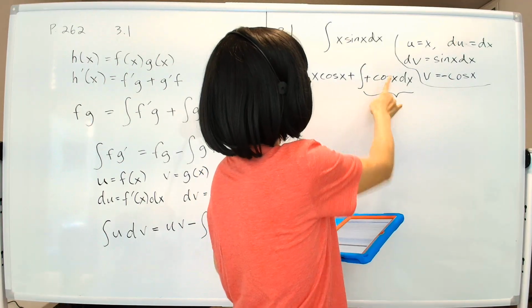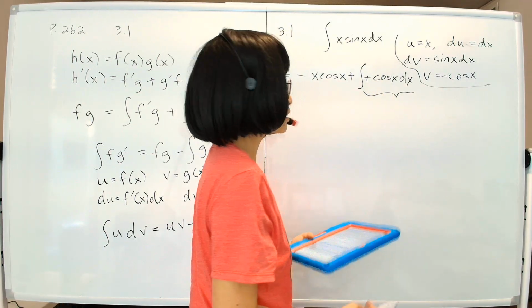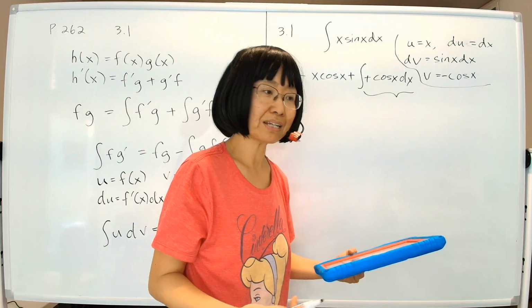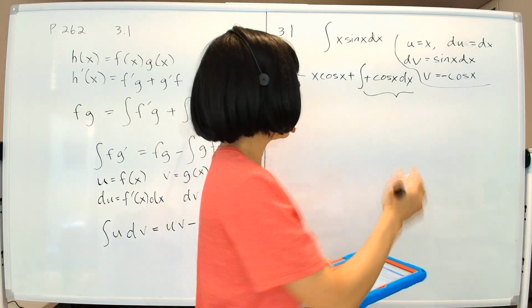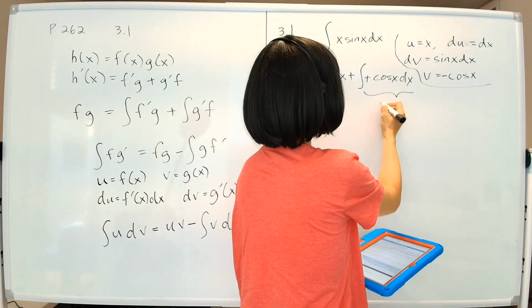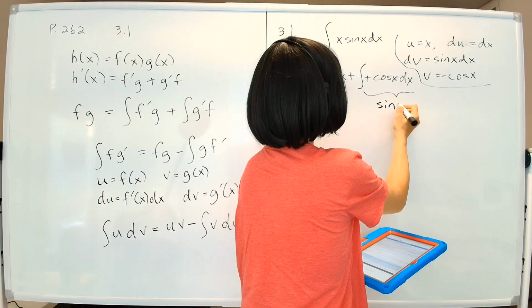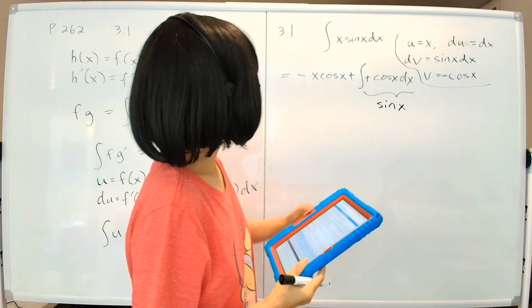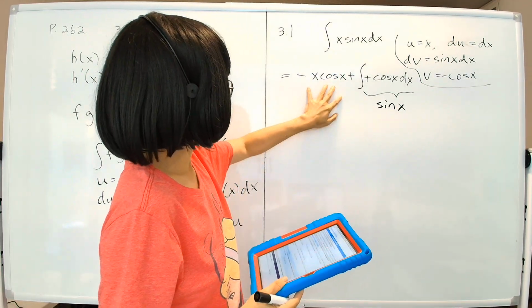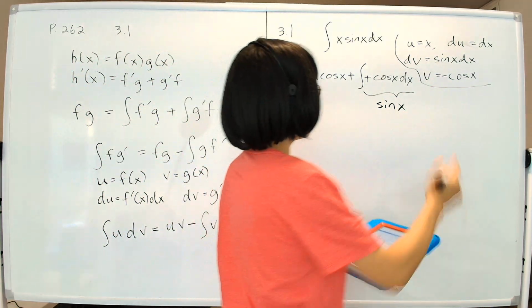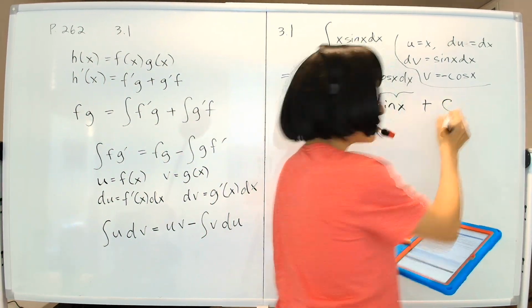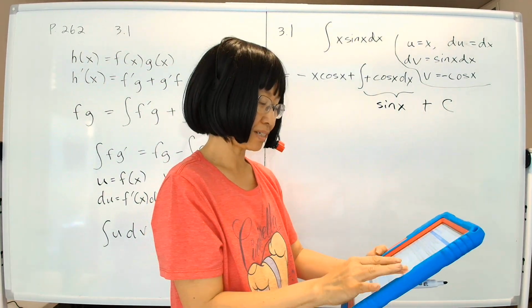But this one is a simple integration. What's the integral of cosine? Look at your chart. The integral of cosine is just sine x. So the entire answer is that thing plus that thing, and being an indefinite integral, we have to add the constant c.